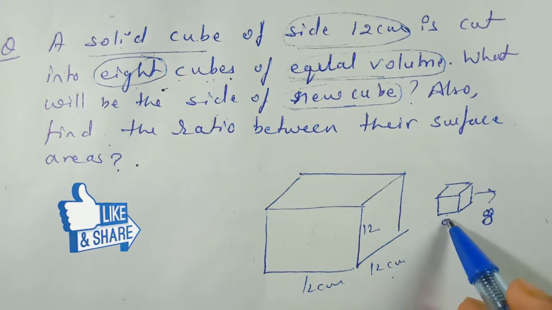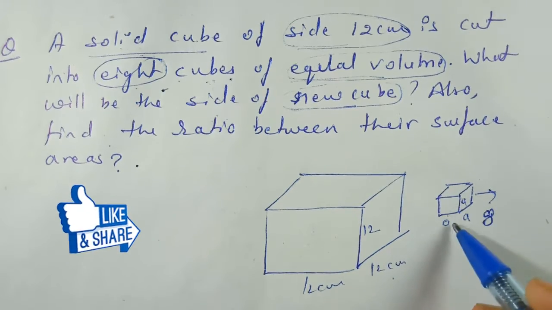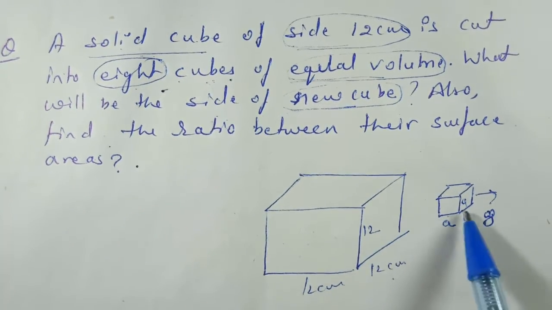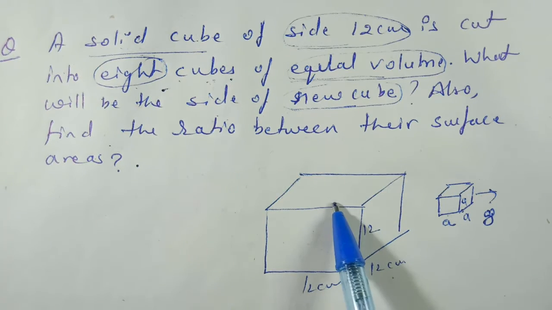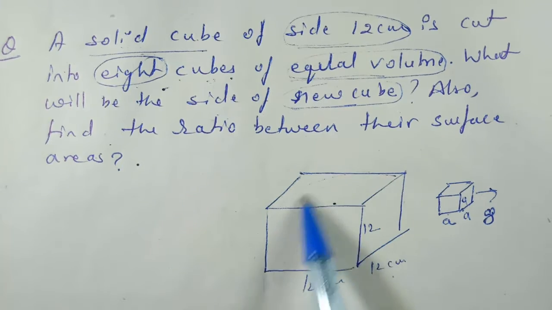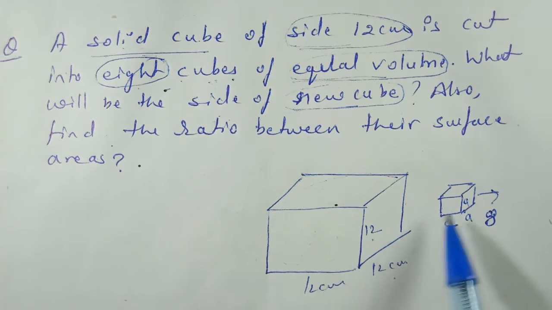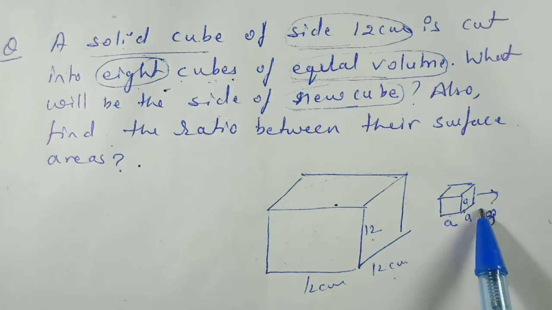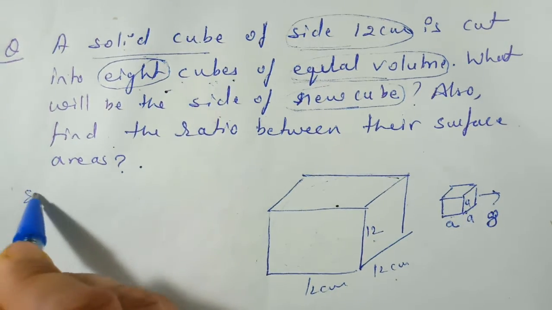Let each side be A unit, we have supposed. Since these 8 cubes are cut from this, we can say the volume of this bigger cube is equal to the volume of these 8 new cubes. So this point you have to note.